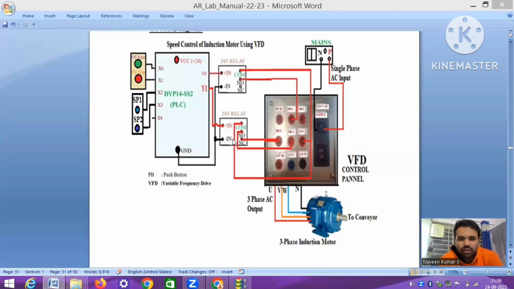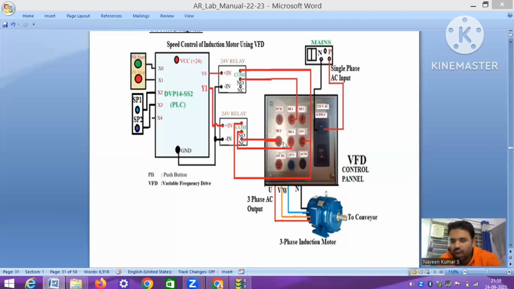By using this relay, we are switching the 24 volts connection between multipurpose inputs 3 and 4. When the relay is on, the normally open gets connected and the motor will be operated at 20 hertz. When the relay is off, normally close gets the 24 volts connection. The induction motor will be operated at 50 hertz.